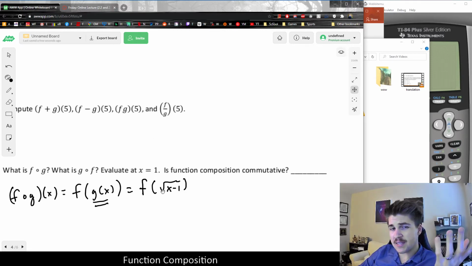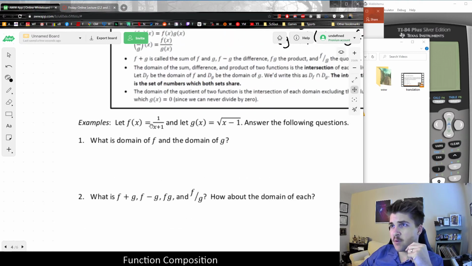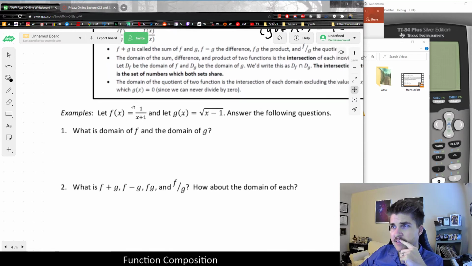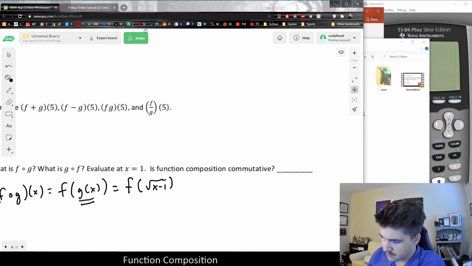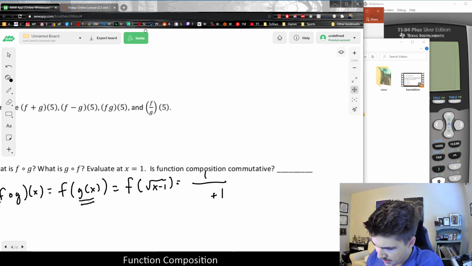Because I don't know what this is, I can't just grind it through a number. But basically, I'm going to be plugging in the square root of x minus 1 here. Since f of x is 1 over x plus 1, usually I would take 1 and divide it by the input plus 1. But here, the input is the entire g function, which goes right in the location for x.